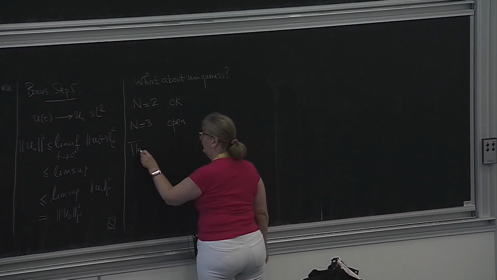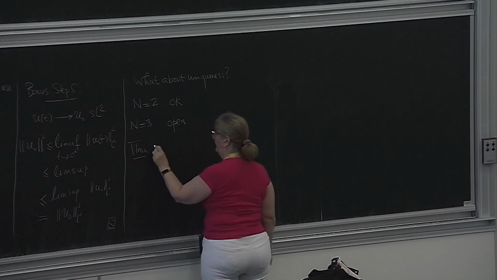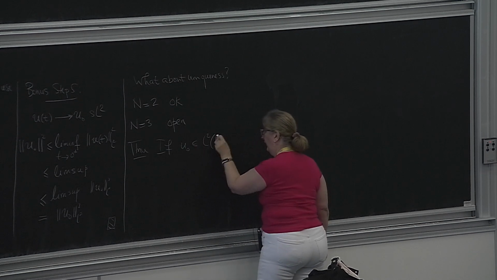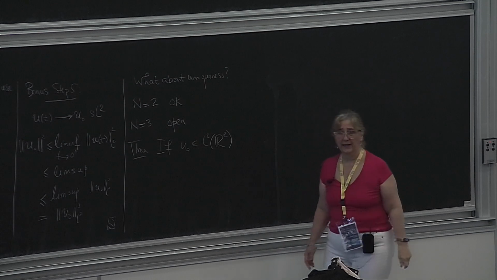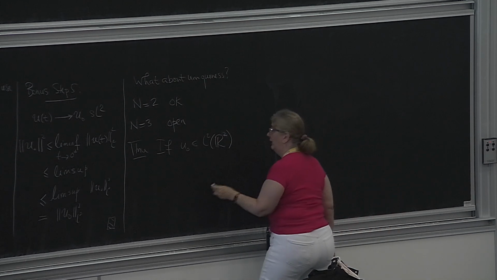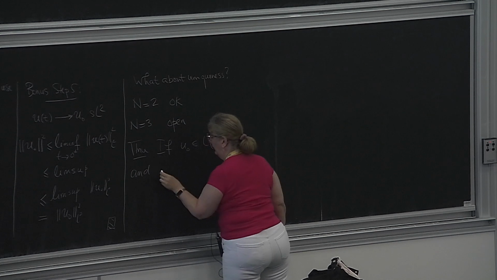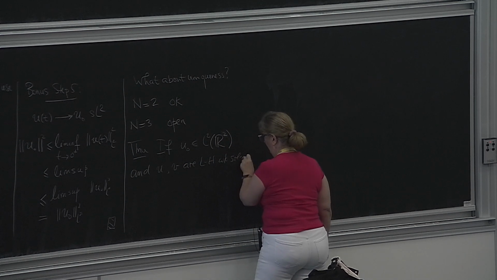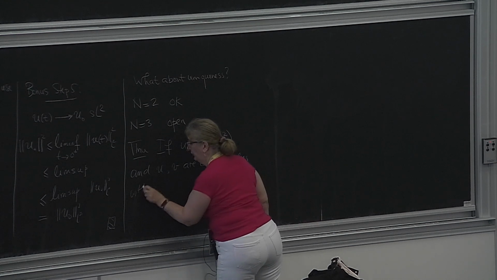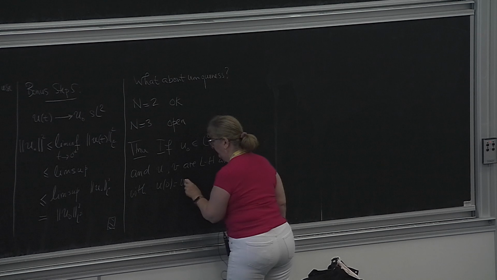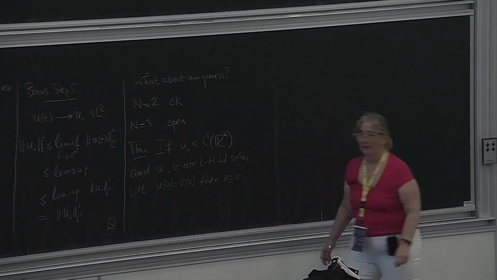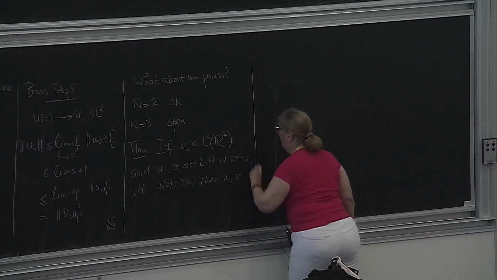So theorem: if U0 belongs to L2 of R2, n equals 2, and U and V are Leray-Hopf weak solutions of Navier-Stokes with same initial data, then they're the same.